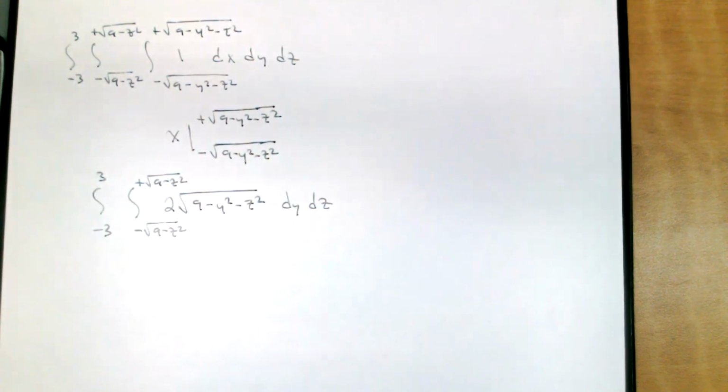The problem is now we have to integrate this with respect to y. And now we don't want to play anymore, because this is where we'd have to use trigonometric substitution.